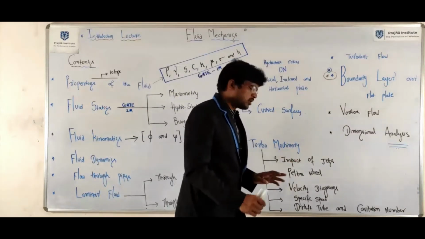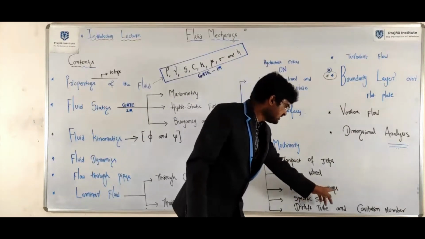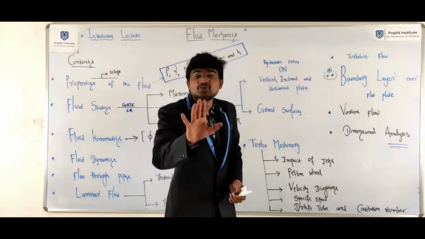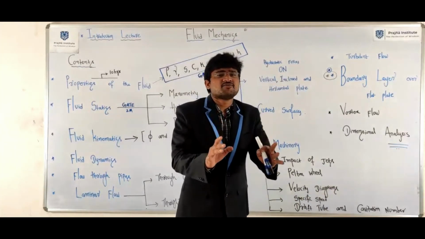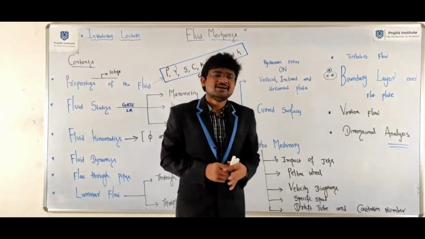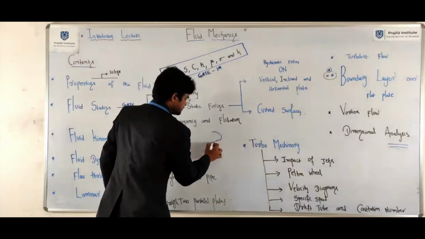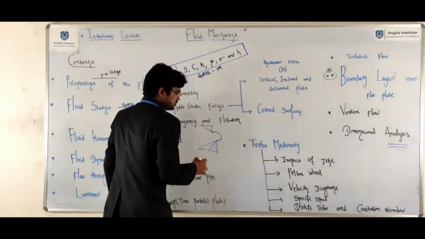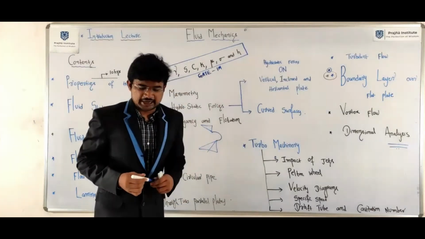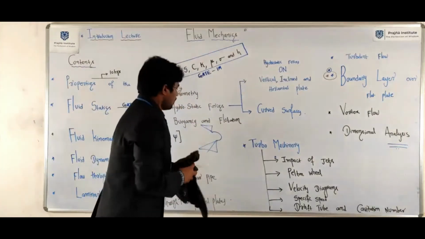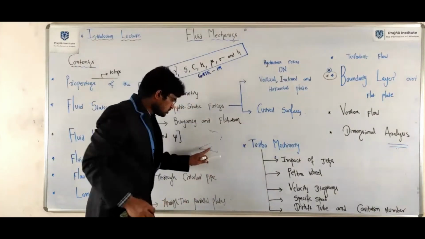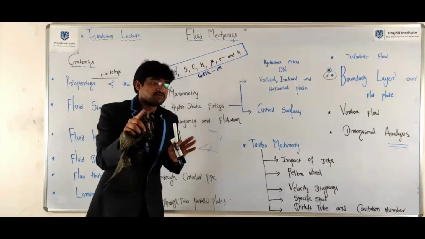Turbo machinery. One more tool is there: velocity diagrams. How to draw the velocity diagram for the turbine blade. Don't draw it like this. Here, it is the fast way to draw the velocity diagram. You should know the meaning of each and every vector.